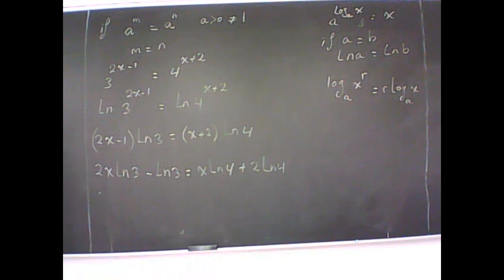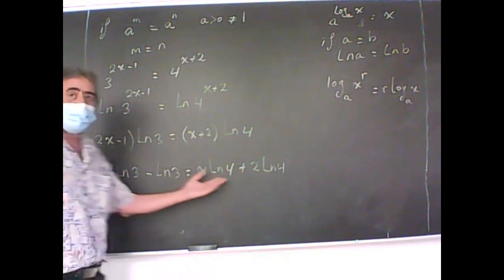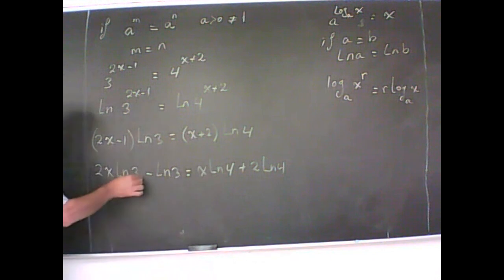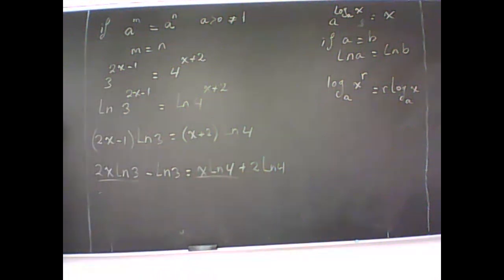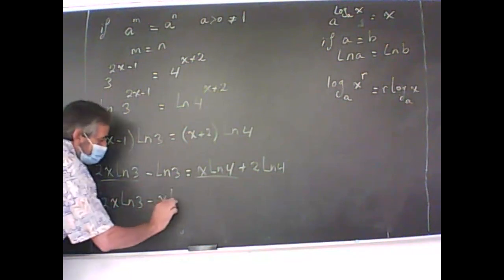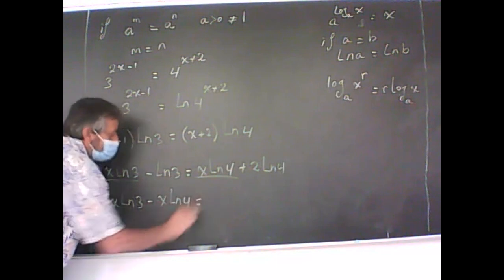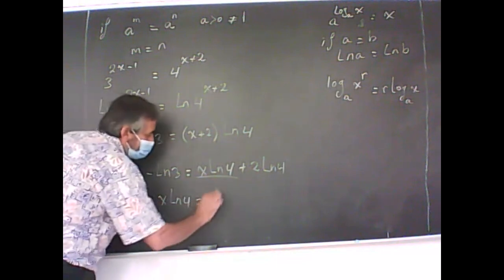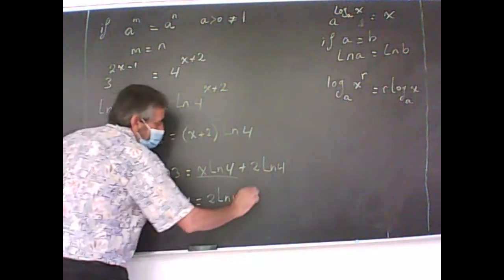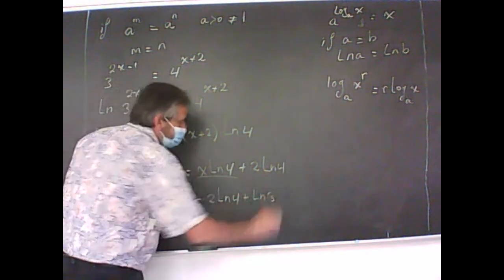Doesn't matter. So again, this is a linear equation. To solve it, we bring all the x's together. This is an x, this is an x. Let's put those together. So we have 2x ln of 3 minus x ln of 4 equals 2 ln of 4 plus ln of 3.